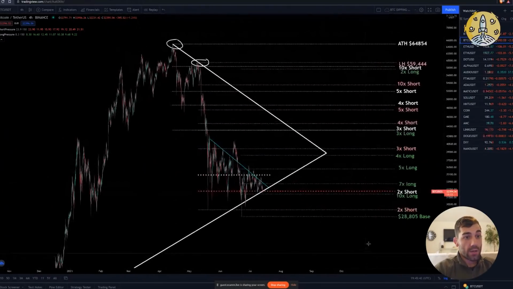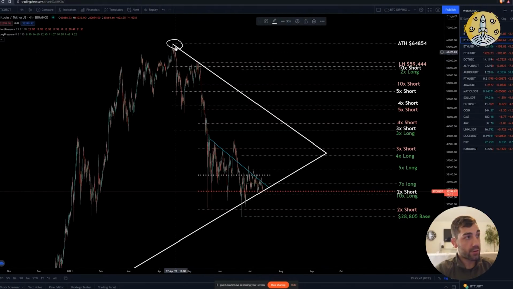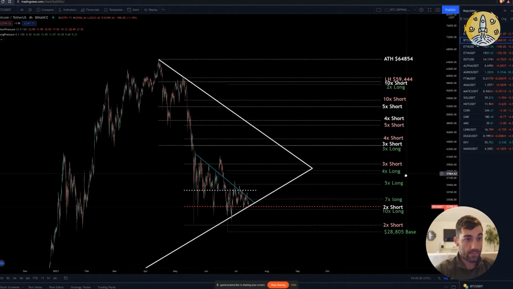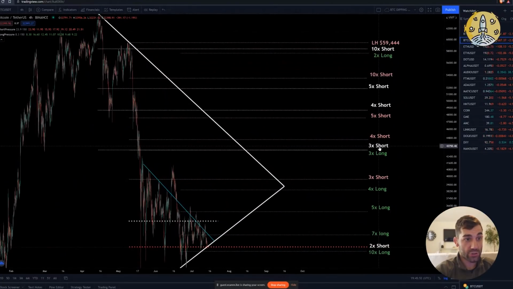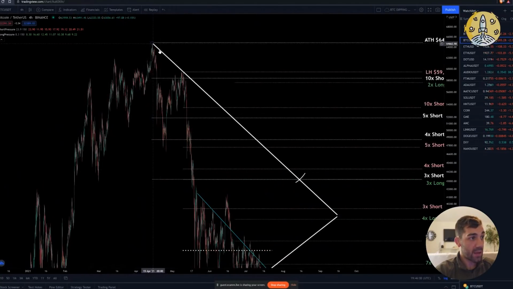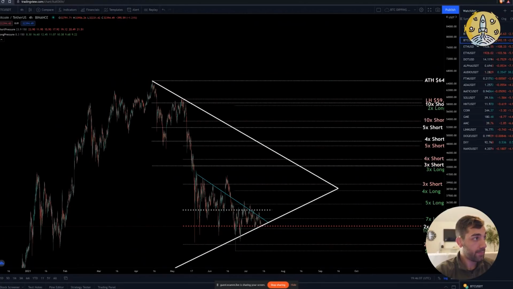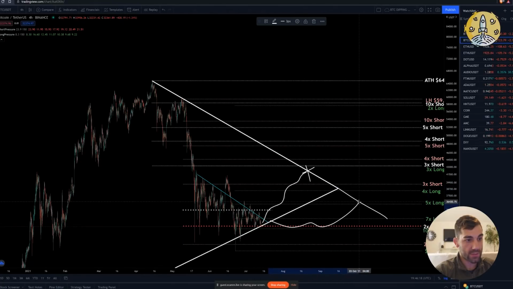All right. So one level that I do want to draw your attention to is the crossroads of the 3x short level, the 3x long level, and our downtrend retest line. So Bitcoin crashed, and we've created this downtrend line that we very likely need to retest at some point, right? It means Bitcoin's price probably needs to come up here and test this sooner or later, whether it does it down here or we extend this line and it tests down there.